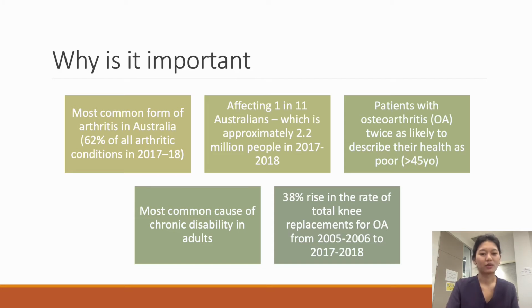Patients with osteoarthritis are twice as likely to describe their health as poor, and it is the most common cause of chronic disability in adults. From 2005 to around 2018, we've seen a 38% rise in the rate of total knee replacement surgeries for osteoarthritis.